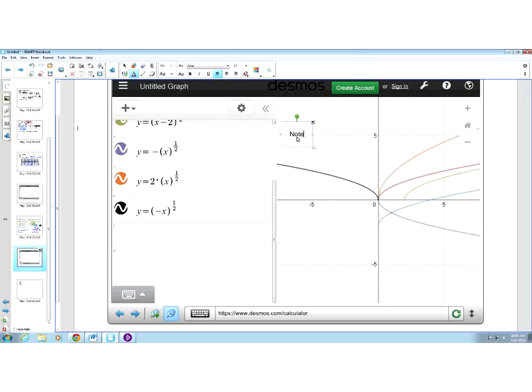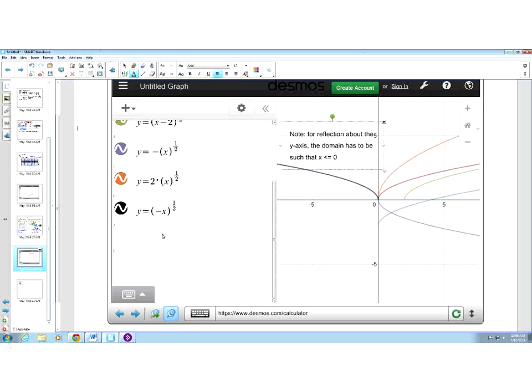Note for reflection about the y-axis, the domain has to be such that x is less than or equal to 0. Okay? Otherwise, you can't. If x were positive, you'd be taking the square root of a negative number. You'd have a complex result, and we don't do complex numbers in this class.